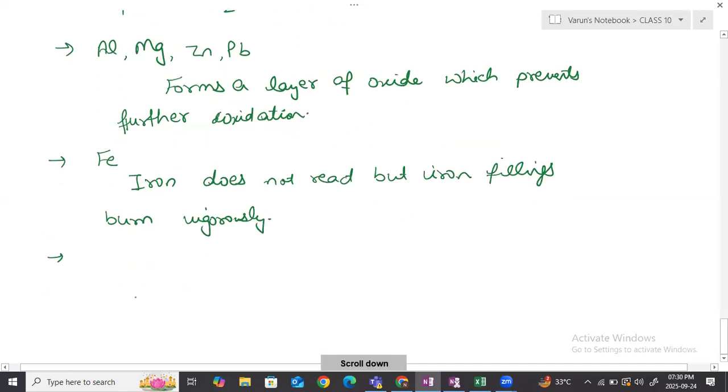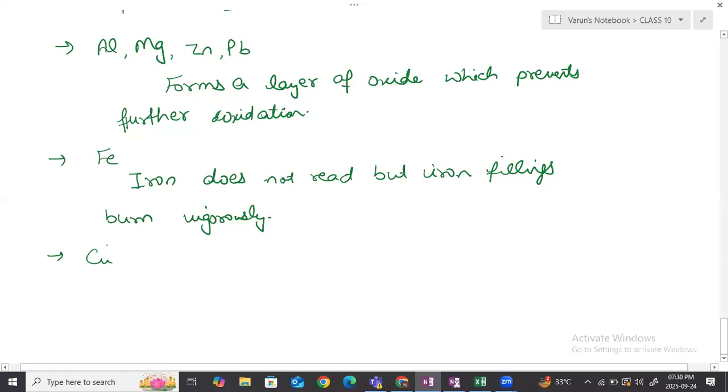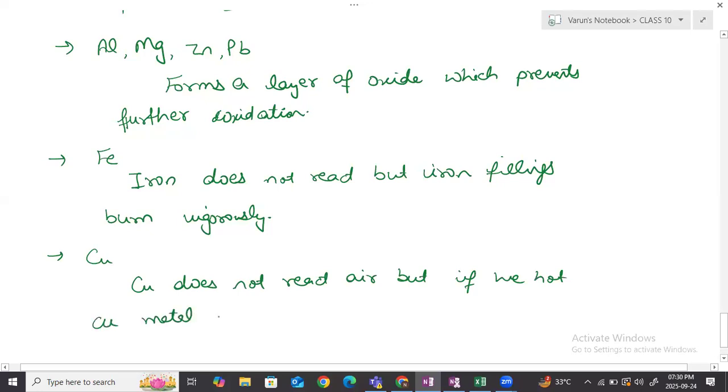Next we have copper. Copper doesn't react with air, but if we have hot copper metal, then it will react and form copper oxide.